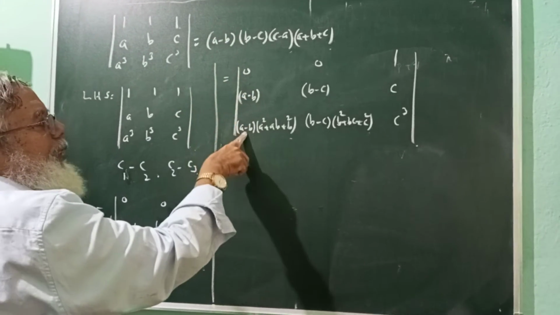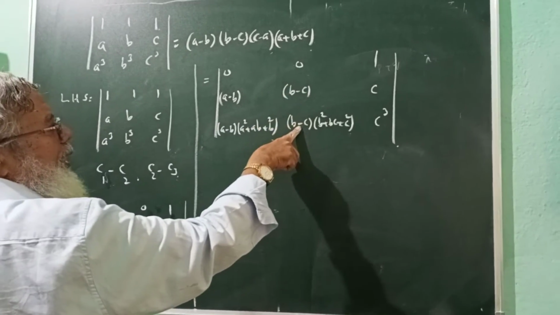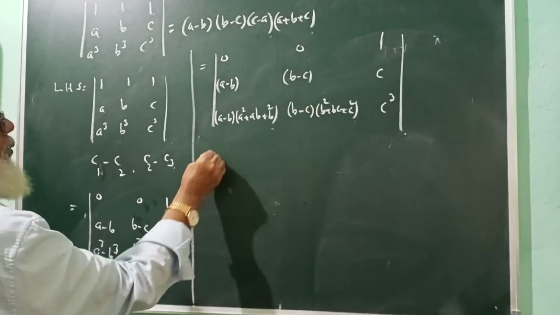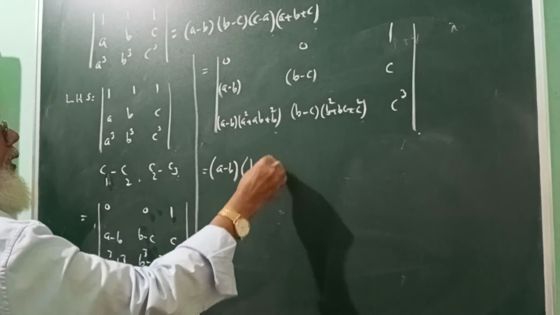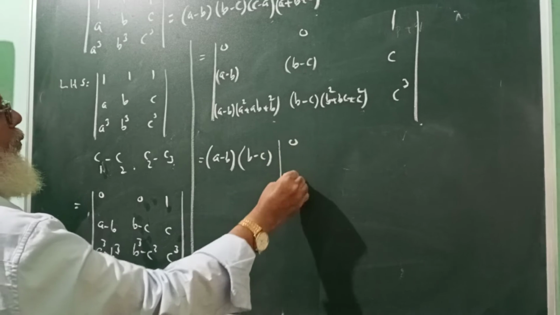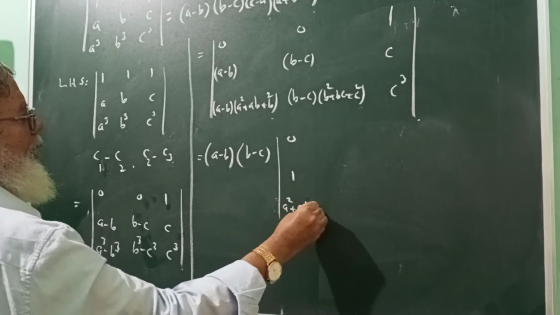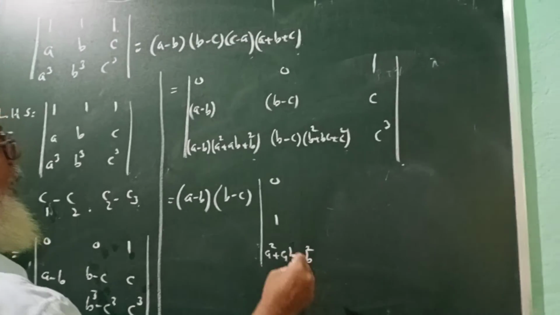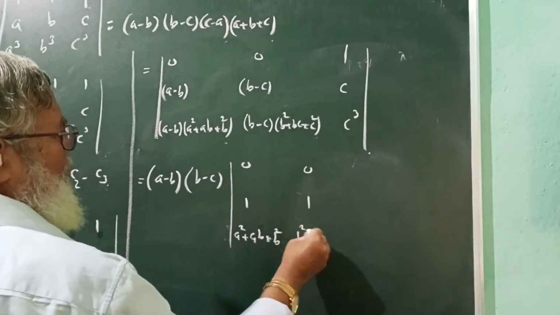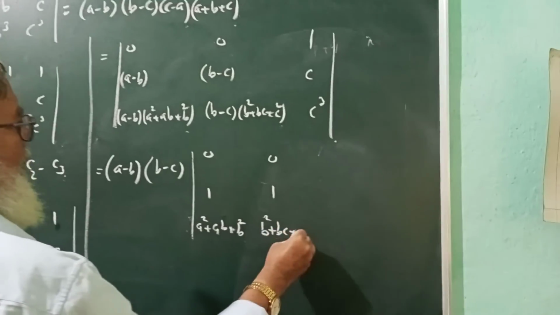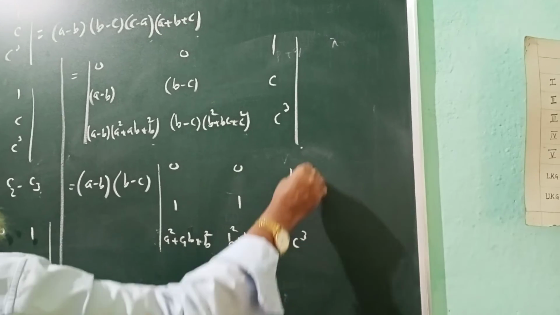A minus B can be taken common from the first column. B minus C can be taken common from the second column. So it is A minus B here. It is B minus C here. 0, 1, A square plus AB plus B square. 0, 1, B square plus BC plus C square. 1, C, it is C cube.